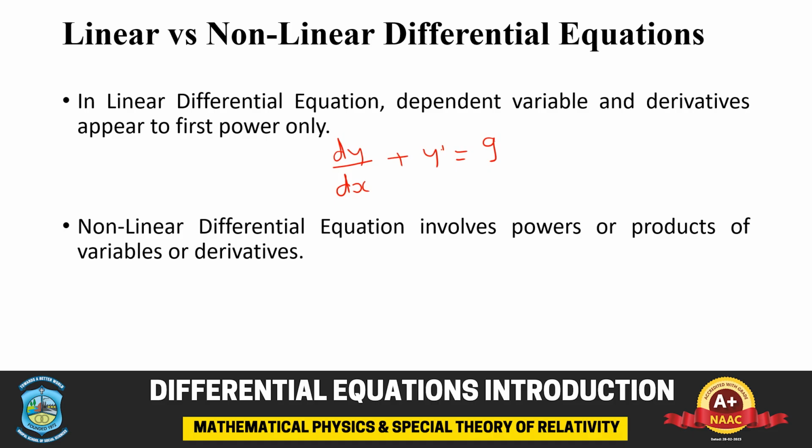Let us take another example, in which dy by dx whole square plus y is equal to 9, and another example, dy by dx plus y square is equal to 9. Now, in the first example dy by dx has power 2, and in the second the variable y has power 2. So, the power of the variable or the derivative, either both or any individual, can be more than 1.